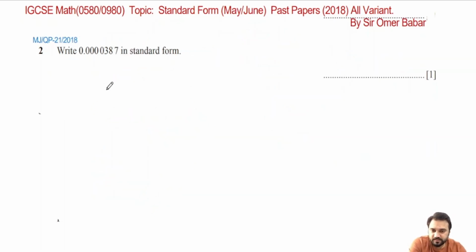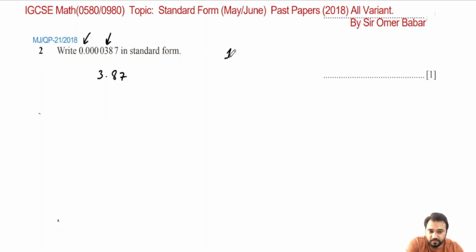Now moving towards the last question of this video, the question 2 that appeared in 2018. The question paper was 2 and the variant was 1. Question says write this number in standard form. We have done this type of question earlier, so I'm going to write 3.87 because our decimal is on the left side of our main digit, and that is our main digit. 3 is our first non-zero digit.